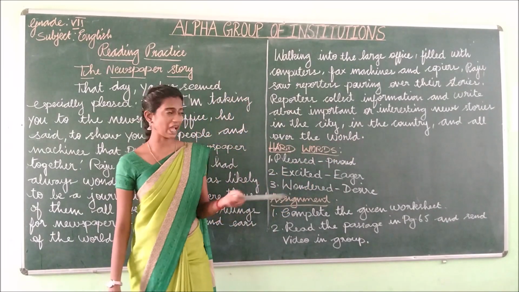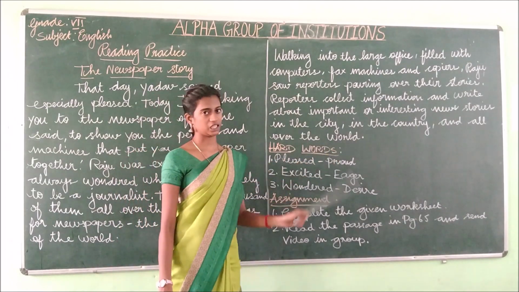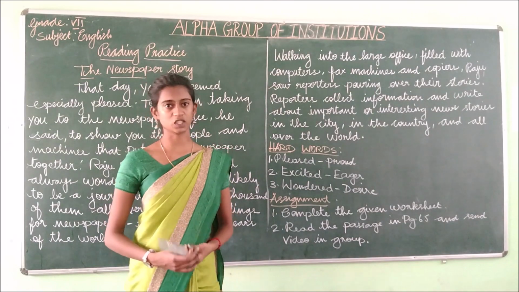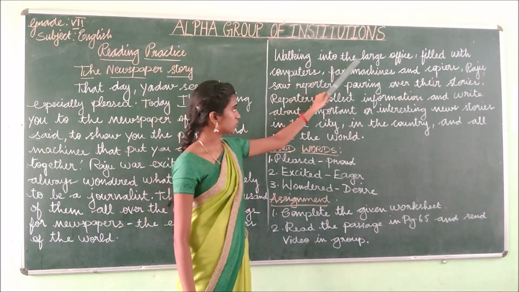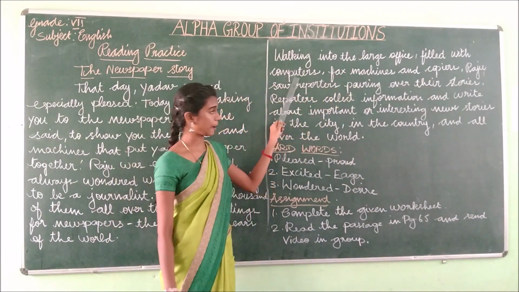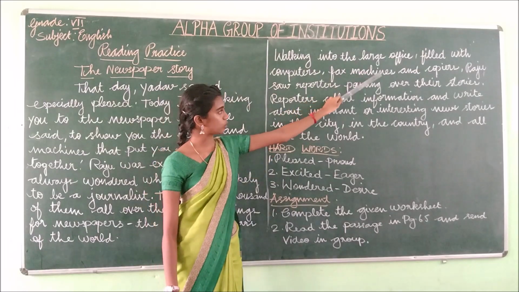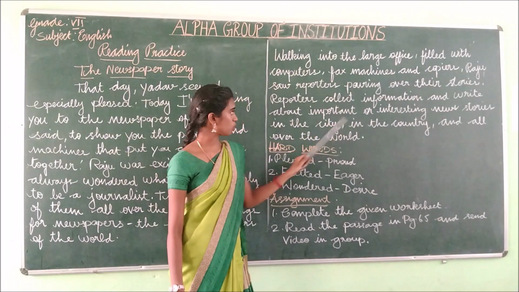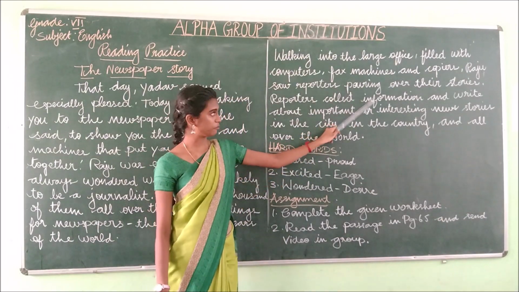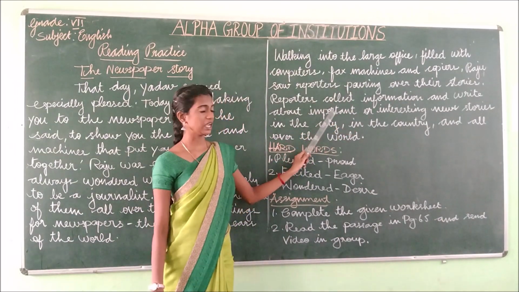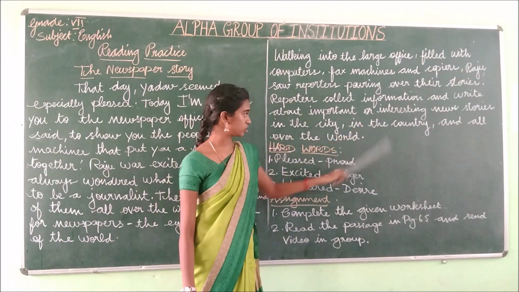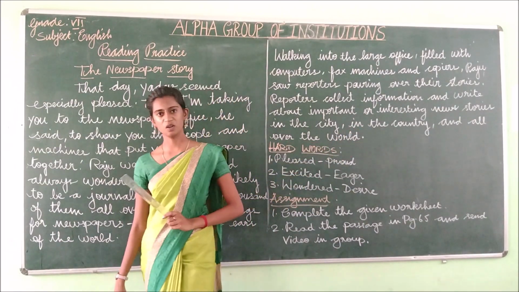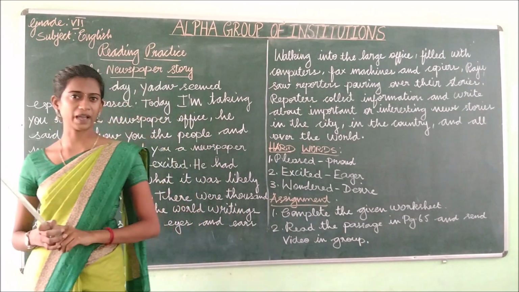So walking into the large office with the computers, fax machines, and copiers, Raju saw reporters going over their stories. Reporters collect information and write about important or interesting news stories in the city, the country, and all over the world. Students, have you understood the passage?